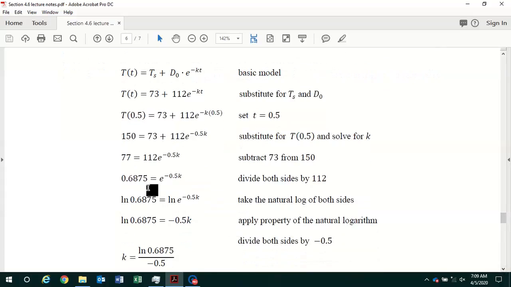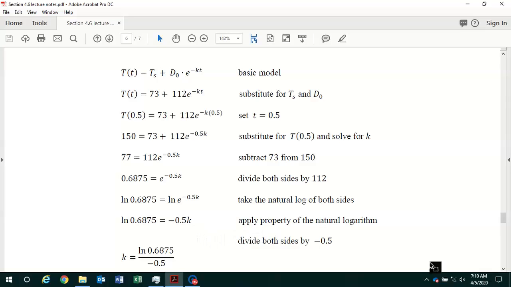To solve this, I'm going to use the natural log function. I take the natural log of the left-hand side equal to the natural log of the right-hand side. By the property of the natural logarithm, the natural log and the e cancel, so the natural log of e to the minus 0.5k is just equal to the exponent, minus 0.5k.